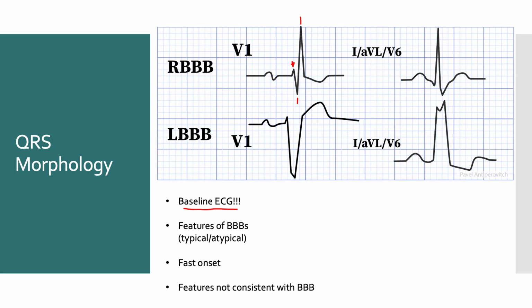Now let's take a look at the bundle branch block in the lateral leads, in I, aVL, and V6. For those who aren't familiar looking at bundle branch blocks in the limb leads, this can be quite helpful, because oftentimes you don't have the precordial leads and you can just use the limb leads. As you can see, the first part of the QRS looks fairly normal. It's got this Q wave, which denotes left to right septal activation.